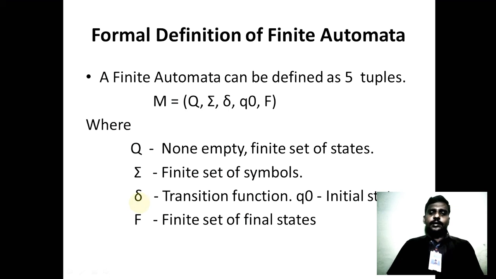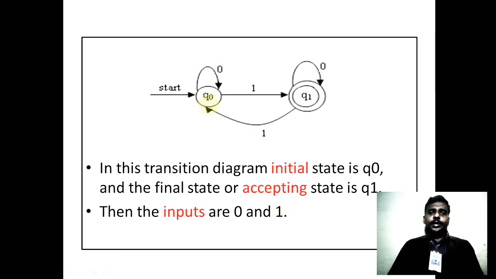Now delta is a transition function. Delta represents the transition function. See how many transitions we have. The transition function is delta of q0, that means state, comma input symbol. So that's what I told you: based on the current state and the input symbol, the control decides where it wants to go. See q0 takes the input 1 and goes to q1, right?